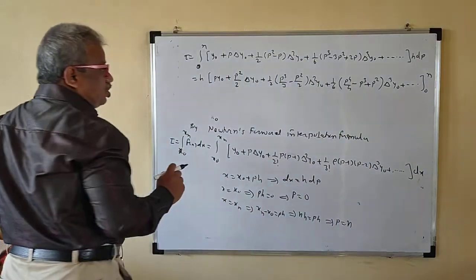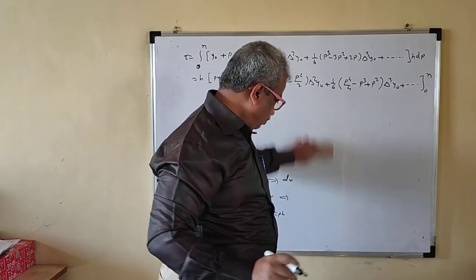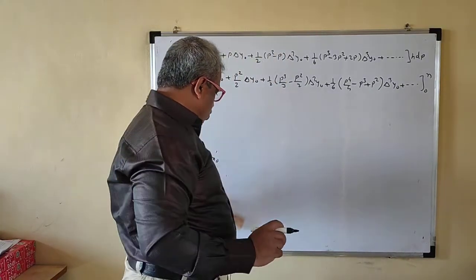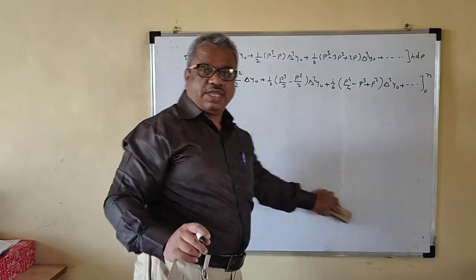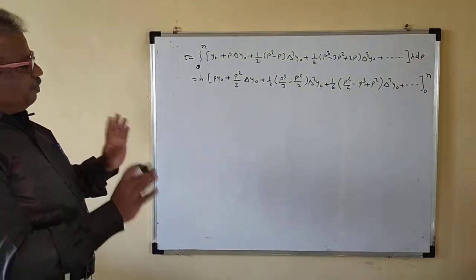Now each term contains p, so if you put the lower limit, each term is 0. Only the upper limit is needed, that means replace p by n.